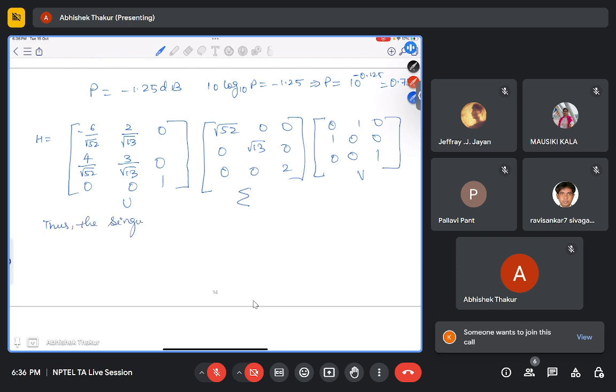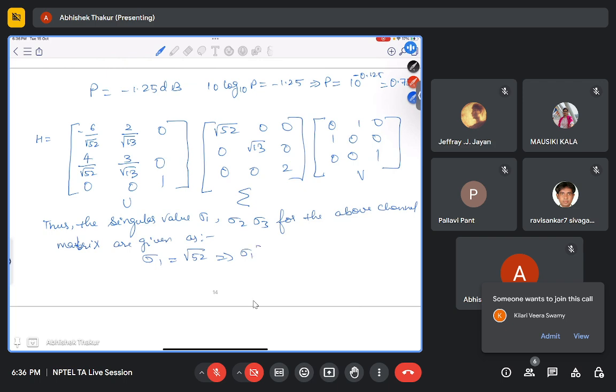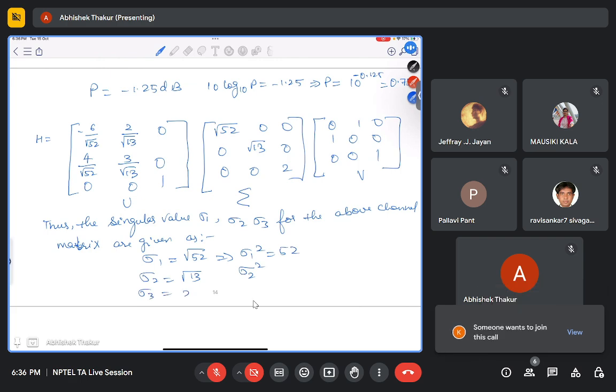Thus the singular values sigma 1, sigma 2 and sigma 3 for the above channel matrix are given as: sigma 1 is equal to root 52, which implies that sigma 1 square is equal to 52. Similarly, sigma 2 is equal to root 13, so sigma 2 square is equal to 13, and sigma 3 is equal to 2, so sigma 3 square is equal to 4.